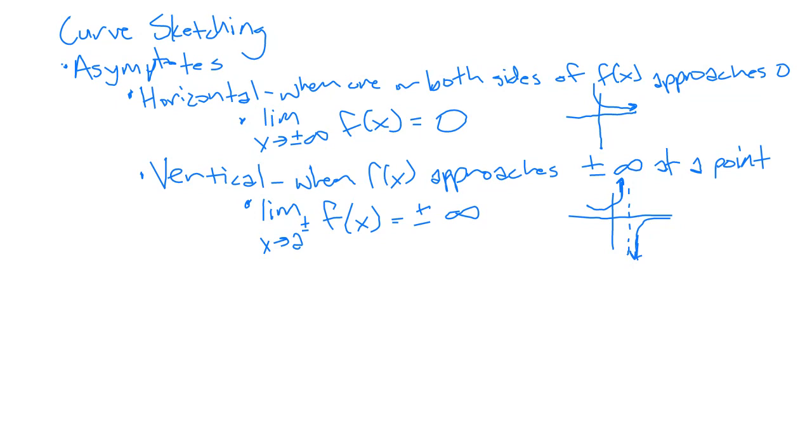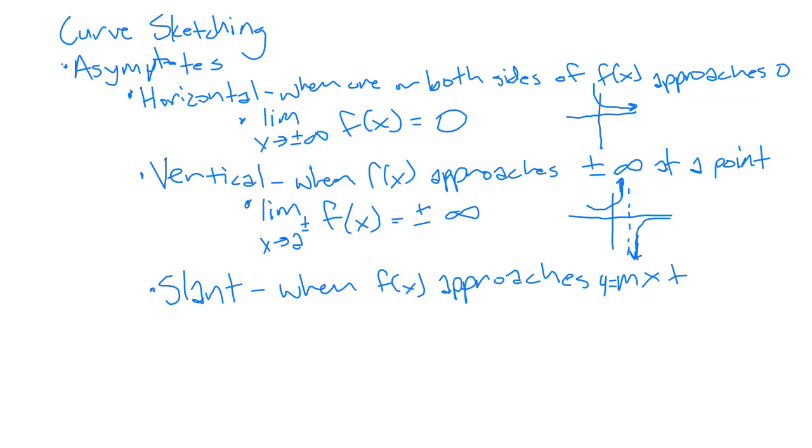And the last type of asymptote we have is a slant. This is when our function starts approaching and lining up with some other y equals mx plus b. It can just be any linear function.